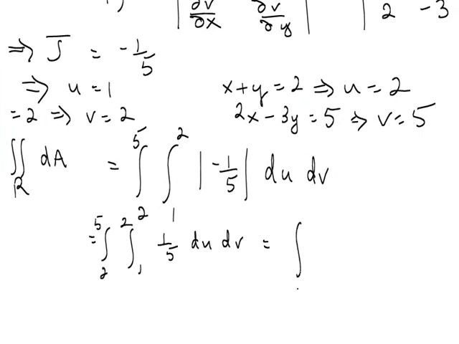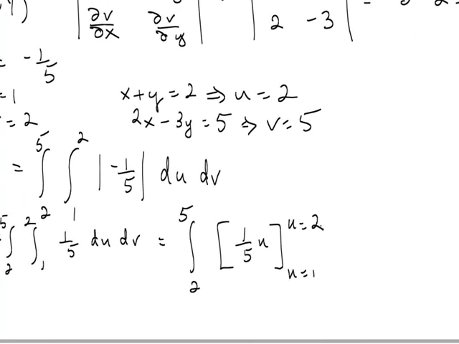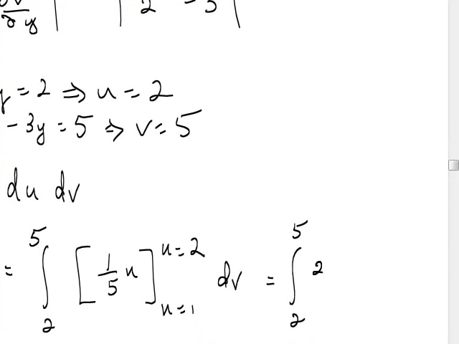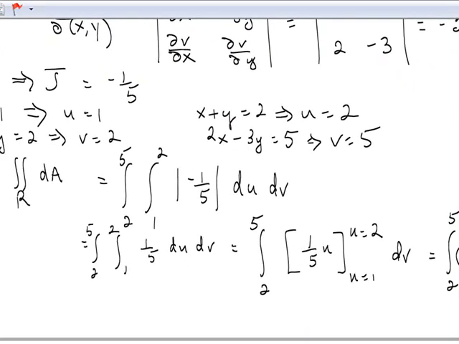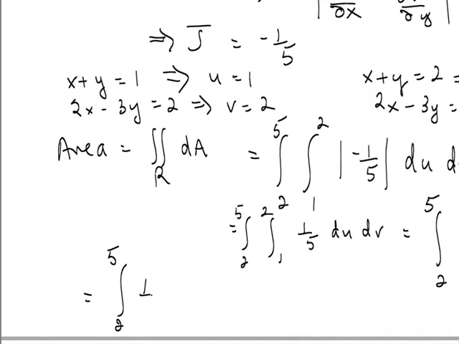Integrate: the integral of 1/5 is 1/5 u, u goes from 1 to 2, dv, which is equal to the integral from 2 to 5 of 2/5 minus 1/5 dv, which is the integral from 2 to 5 of 1/5 dv.